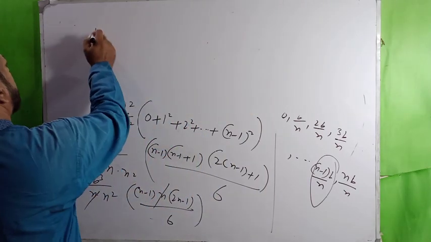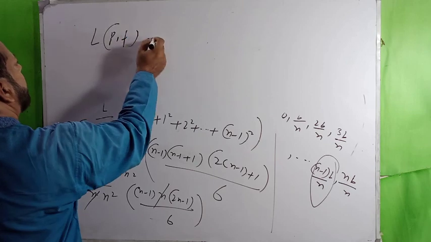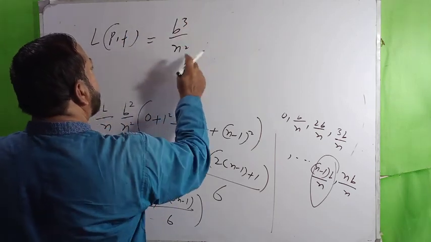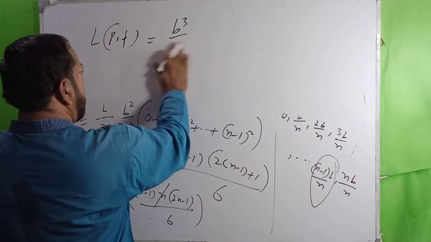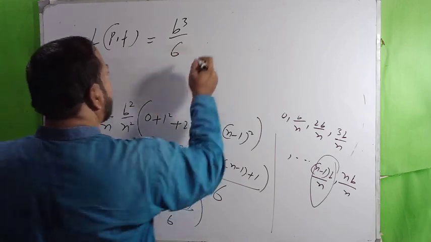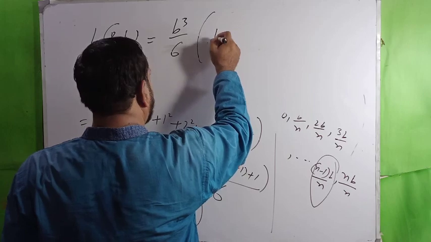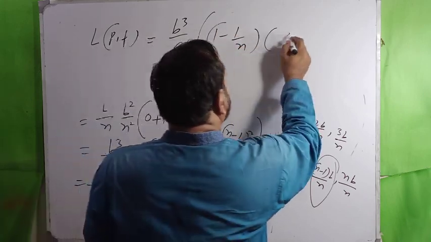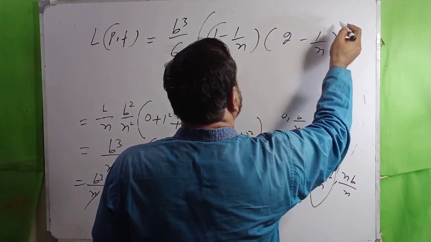So LPF is equal to b cube by n square, and you can write it like this, b cube by 6. This further can be written as 1 minus 1 over n into 2 minus 1 over n.